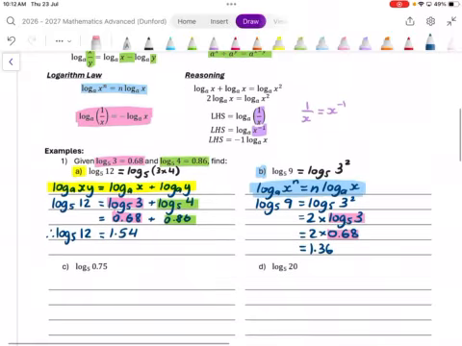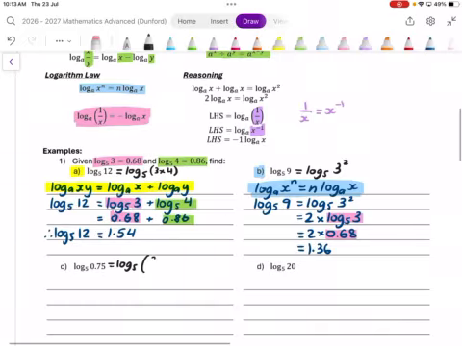Okay, the next one is log base 5 of 0.75. How can we get 0.75 from 3 and 4? It's a fraction, right? So it's going to be the fraction log base 5 of 3 quarters, because 3 quarters is the decimal 0.75. So we're going to be using our green law for this question.